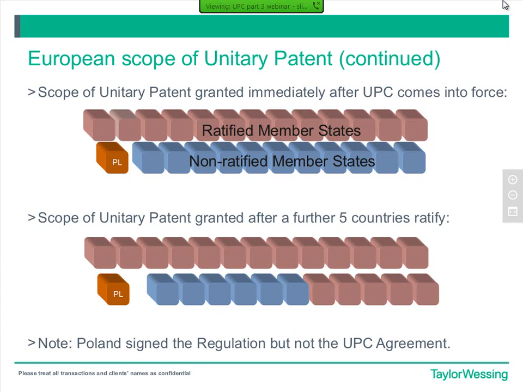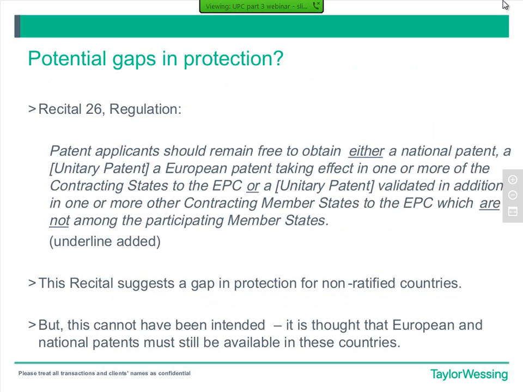But now I'm going to talk about problems that arise as a result of two provisions in the regulation that could be interpreted in a strange way. The first provision is Recital 26 of the regulation.